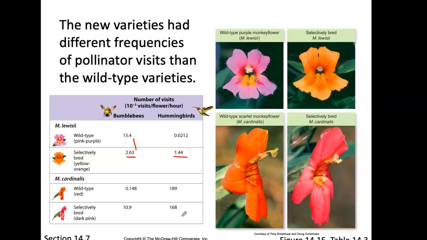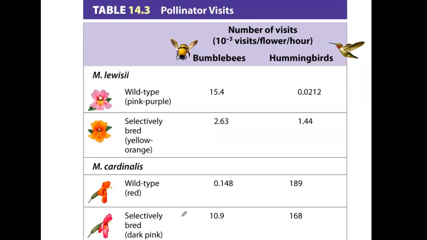It doesn't mean that it totally shifts, but you have way more cross-pollination once they start to look more alike. These are the numbers again, just bigger to make sure that you can see them. Gone from 15 down to 2, from 0.02 up to 1.4. And this is in visits per flower per hour.